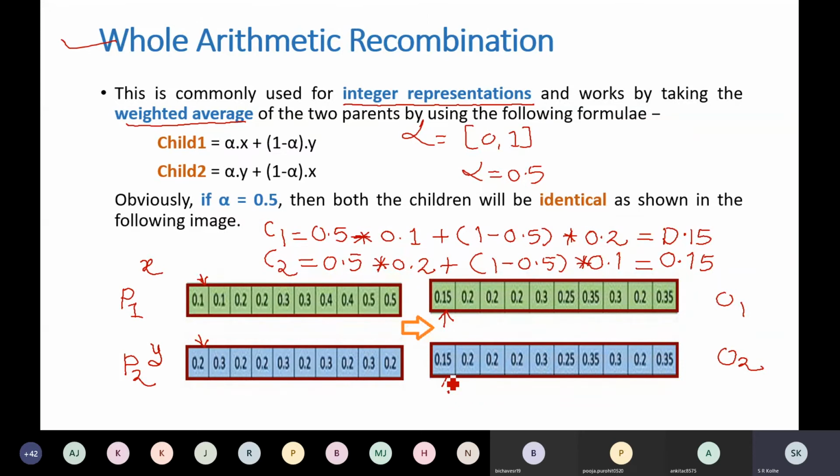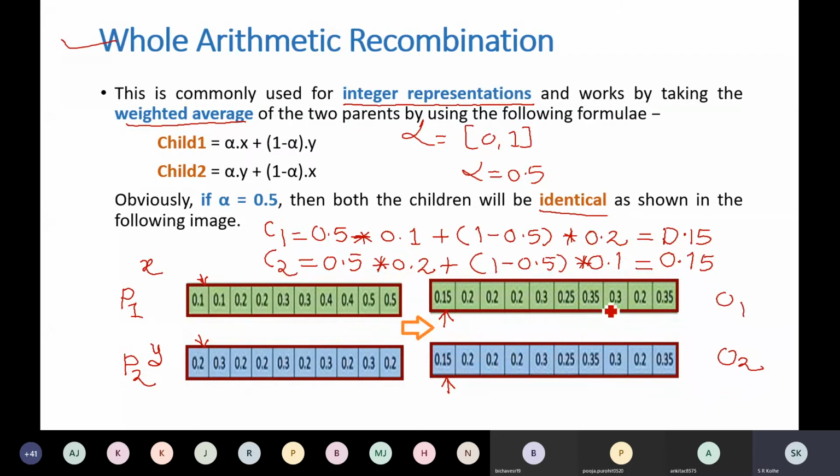If alpha is equal to 0.5, then both children will be identical, isn't it? Twins. That means they will be twins. Generally that doesn't happen. So therefore the value of alpha you will have to adjust appropriately. Okay?